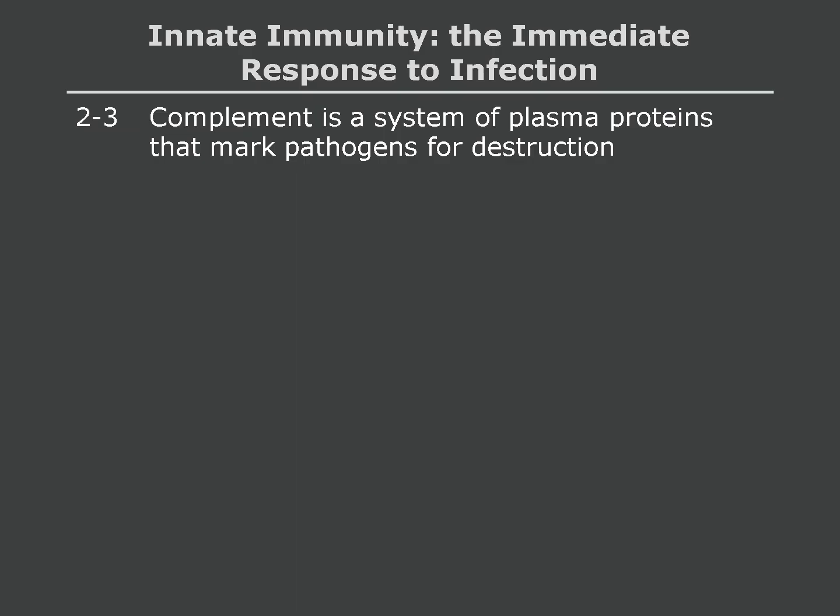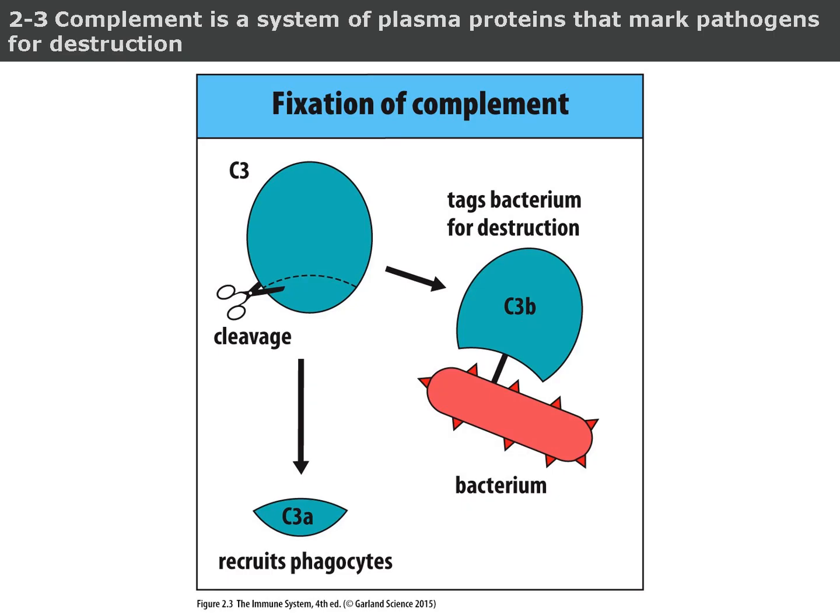Complement is a system of plasma proteins that mark pathogens for destruction. The complement system is made up of plasma proteins that identify and mark pathogens like bacteria for elimination. At the center of this process is a key protein called C3.